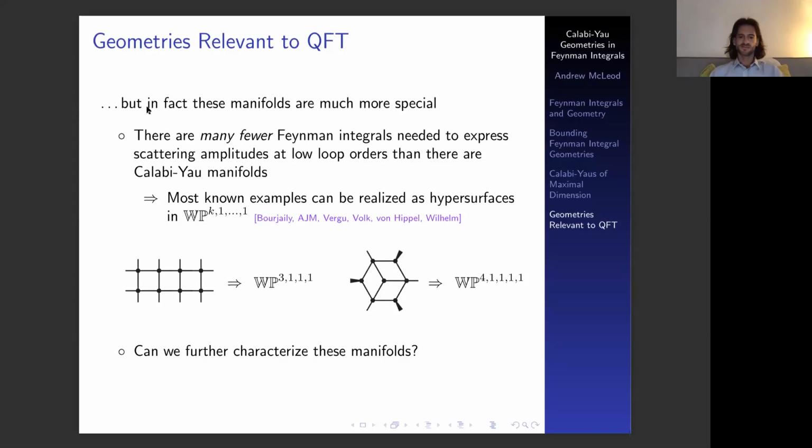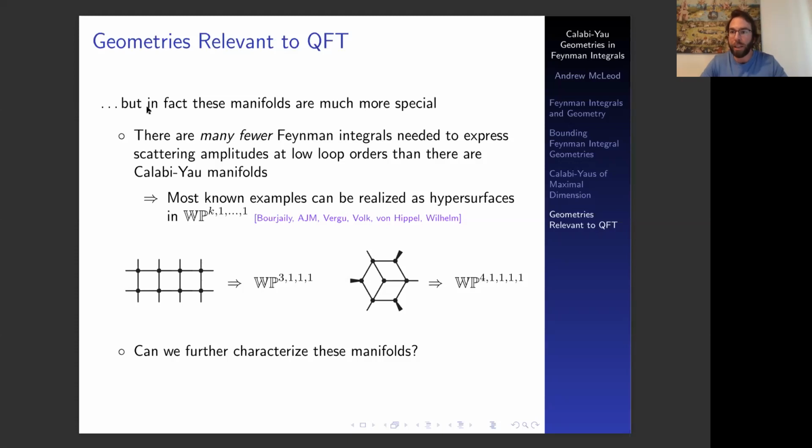Yeah. So what was the main conclusion of the second paper, as far as characterization or classification? Yeah, so what we want to do is identify more precisely what types of manifolds actually show up in quantum field theory. Because right now, just saying that they're Calabi-Yau doesn't seem to tell us anything. For one, even if all Feynman integrals only give rise to manifolds that are Calabi-Yau, we don't know why that should matter.